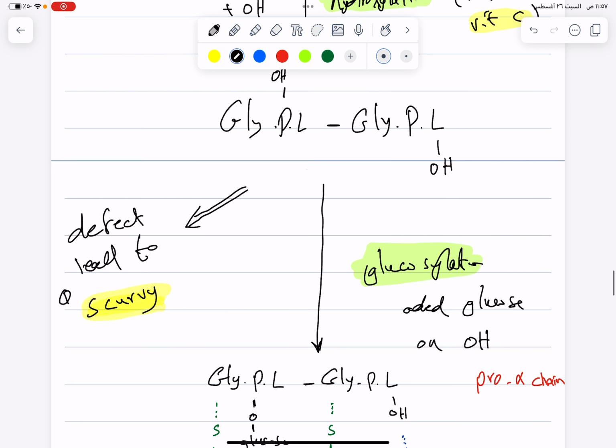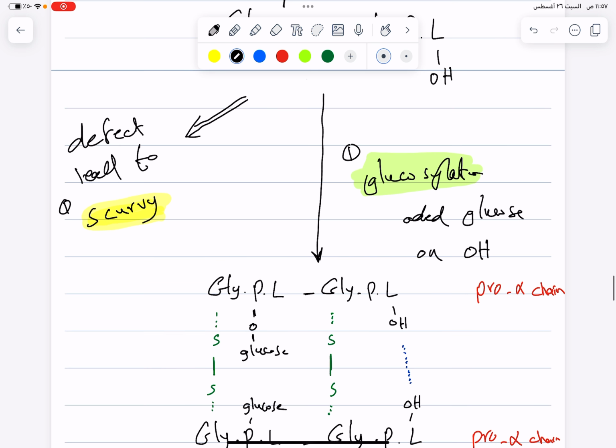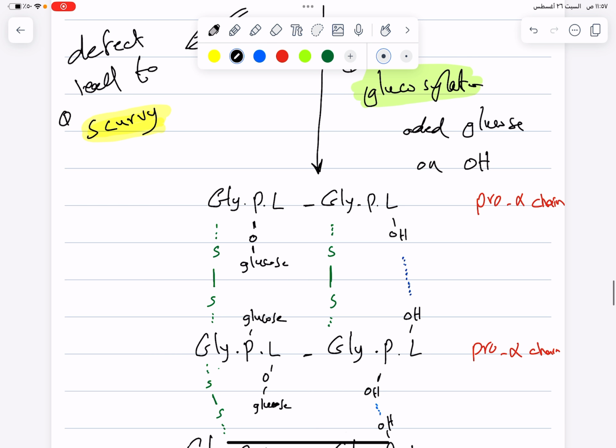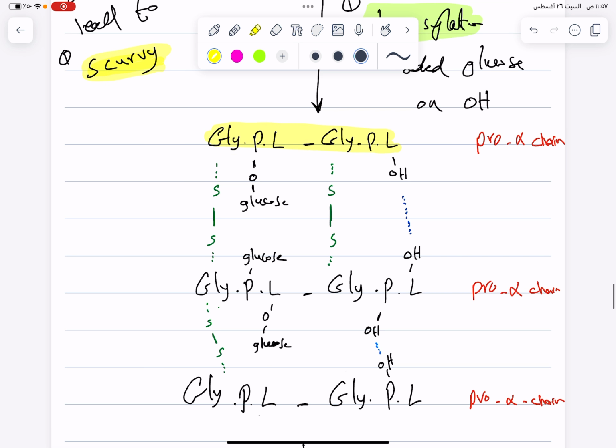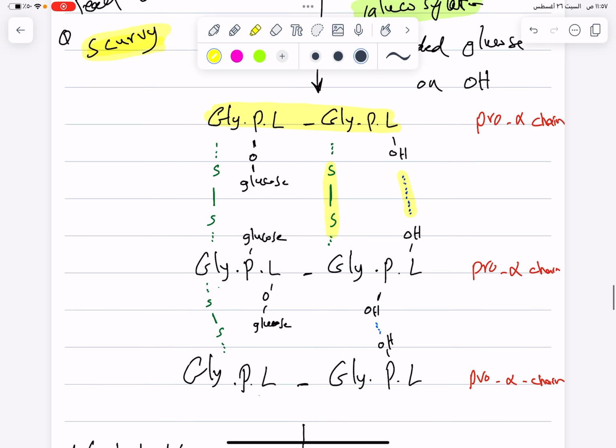The next step is glycosylation. We add the glucose group on the OH. We will form a pro-alpha chain. A pro-alpha chain also combines together with another two pro-alpha chains by hydrogen bonds and disulfide bonds to form a triple helix.